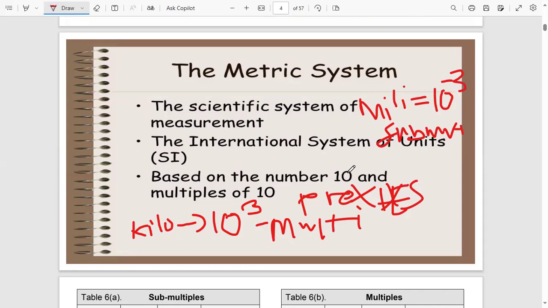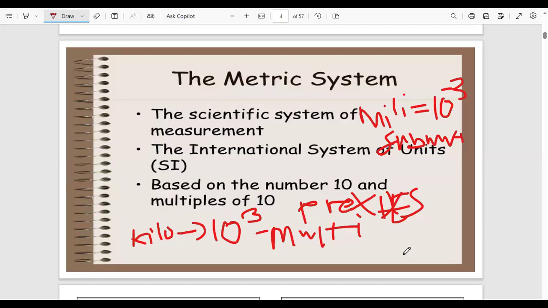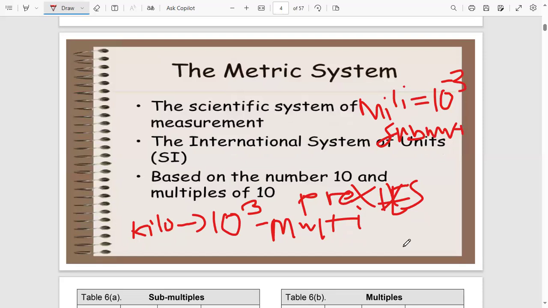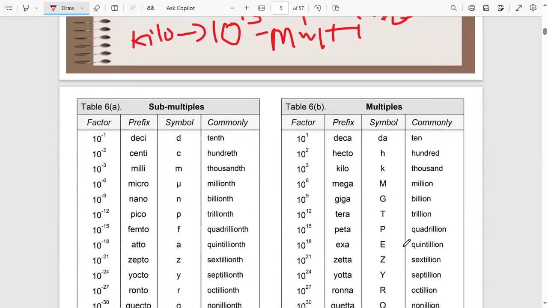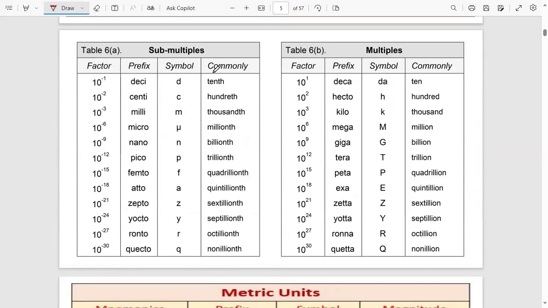The scientists have come up with a table that contains different multiples and sub-multiples of these units. Going down here, you can see this table, where I have written the sub-multiples on one side and the multiples on the other end. On the sub-multiples, all the powers are negative: 10 raised to the power of a negative number.